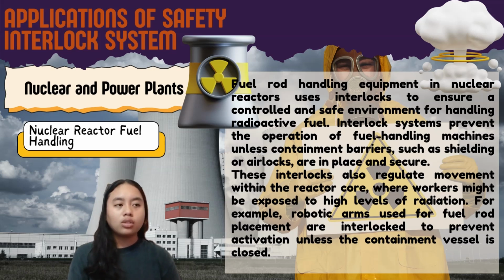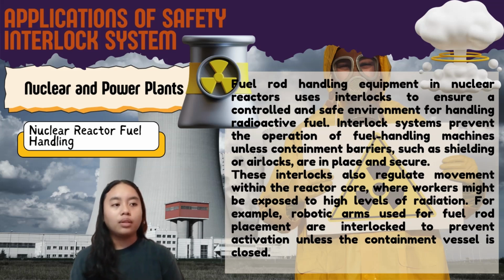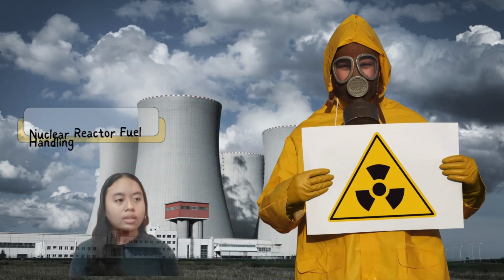These interlocks also regulate movement within the reactor core, where workers might be exposed to high levels of radiation. For example, robotic arms used for fuel rod placement are interlocked to prevent activation unless the containment vessel is closed.